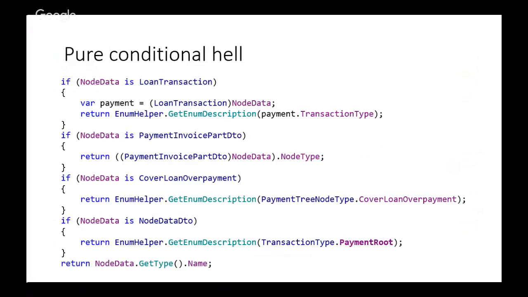So this is the piece of code which was in our projects. I copied it for you just to see how to not write the code. It's like check if it's the type, if it's the type. So everybody see when I use is, I can use the same way.